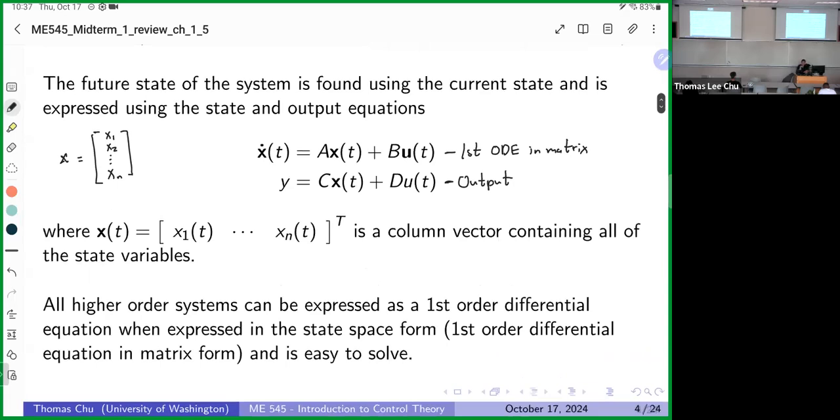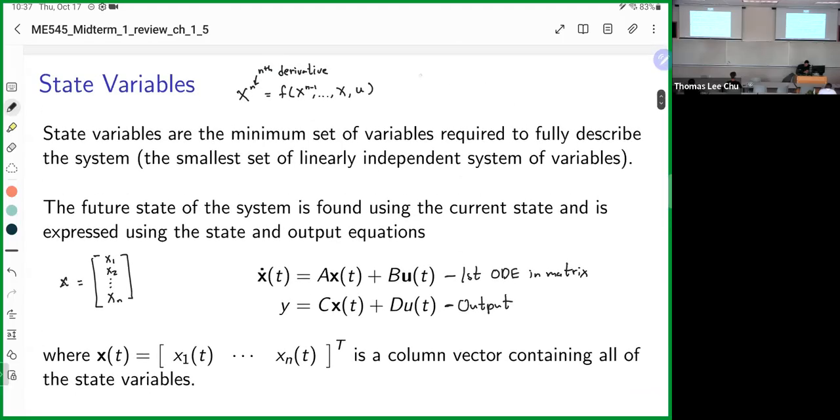Note that the way state variables are defined is not unique. Here, one way of defining it is x1 is equal to position, x2 is equal to velocity, and then x2 dot is equal to my differential equation, which is acceleration. Another way of framing it is I could say x1 is equal to x dot, x2 is equal to x2 dot, or x1 dot is equal to my acceleration.